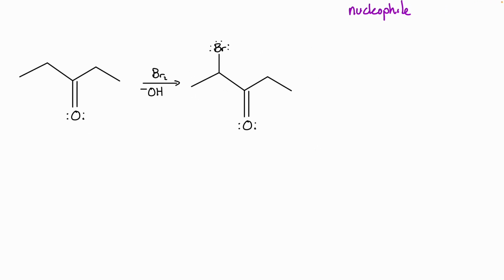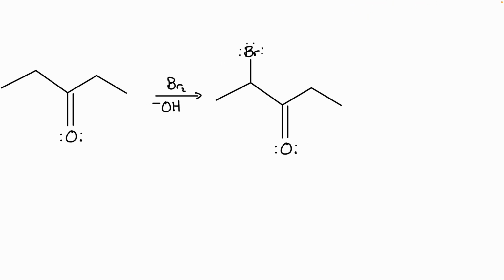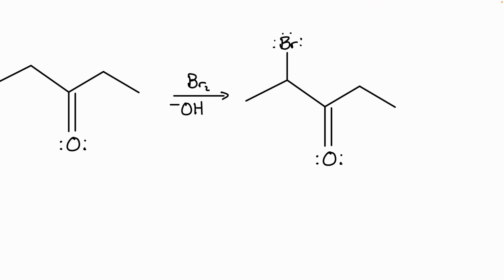But since that first step is removing that alpha hydrogen with that base, when we add a halogen to that alpha carbon here, we have made it even more acidic.